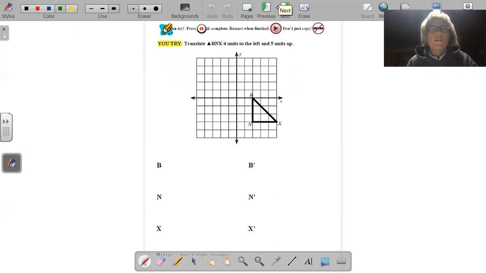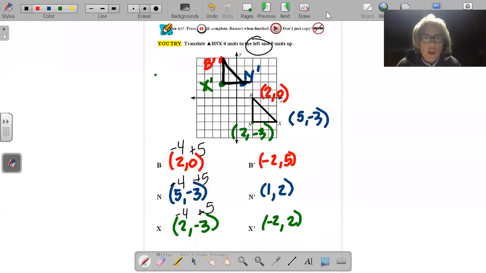This one, you're going to pause the video and do it yourself. Pause. Check your work.